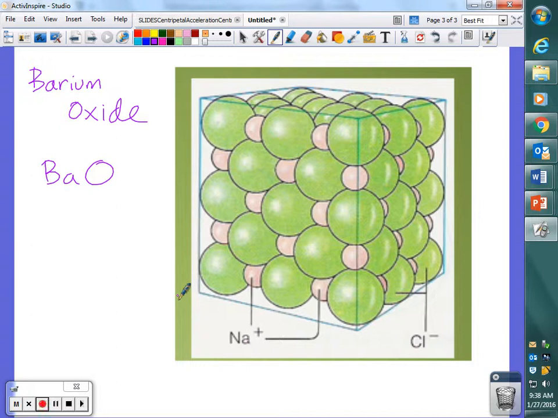The formula unit for barium oxide is BaO. The ratio of barium to oxide in the formula unit is 1 to 1.